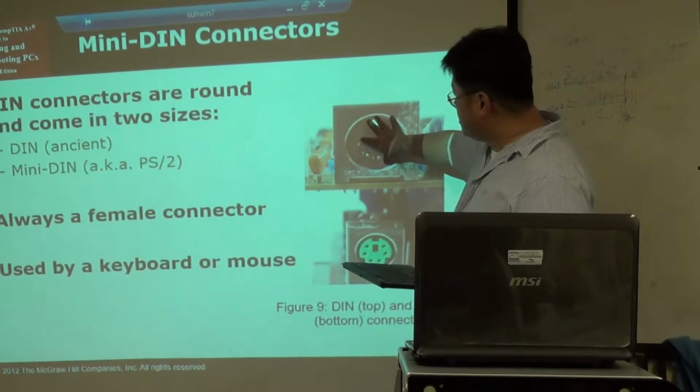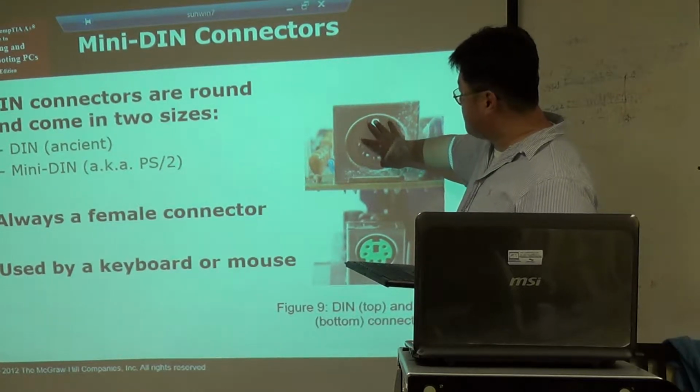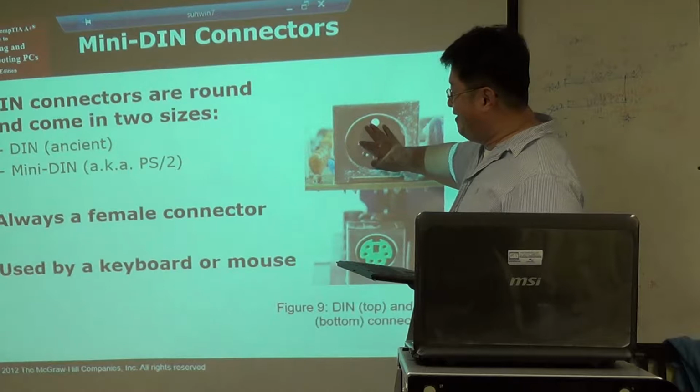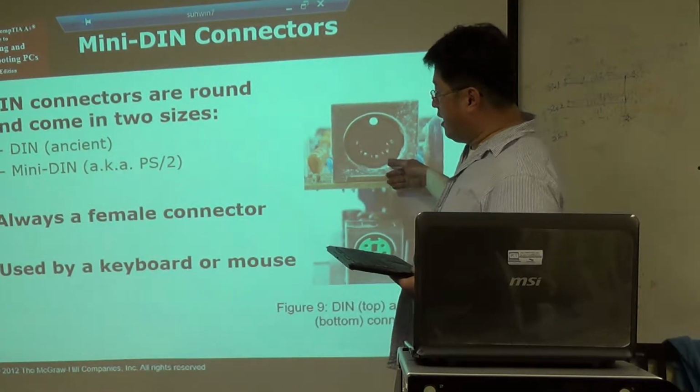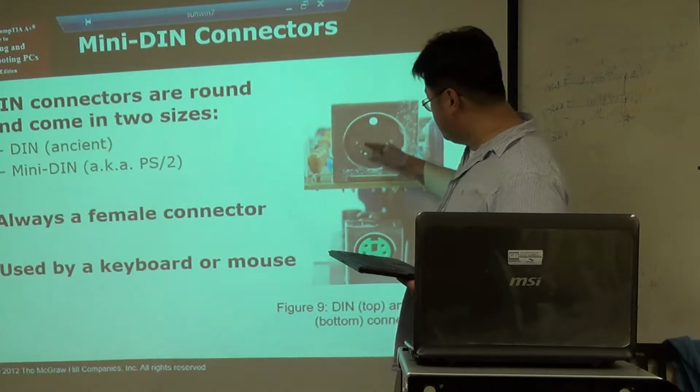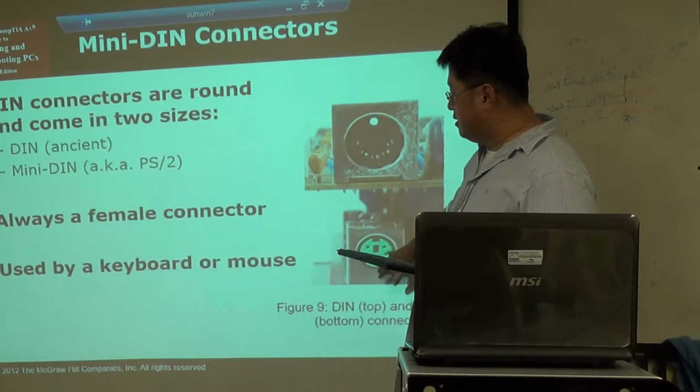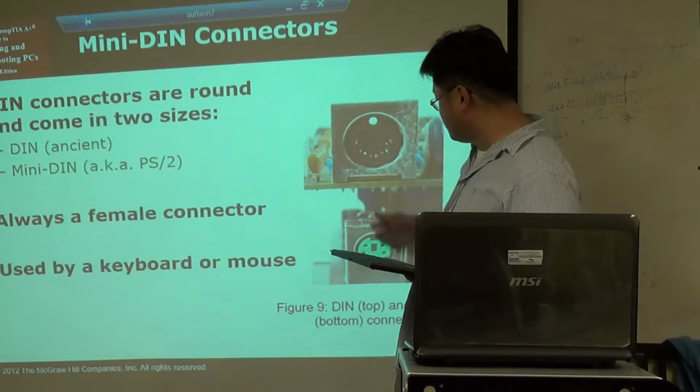This is an ancient DIN. Nobody says mini-DIN; this is currently the PS/2 connection. If you have this ancient system, there is always an adapter you can use. This is always female, and it is used by the keyboard and mouse.